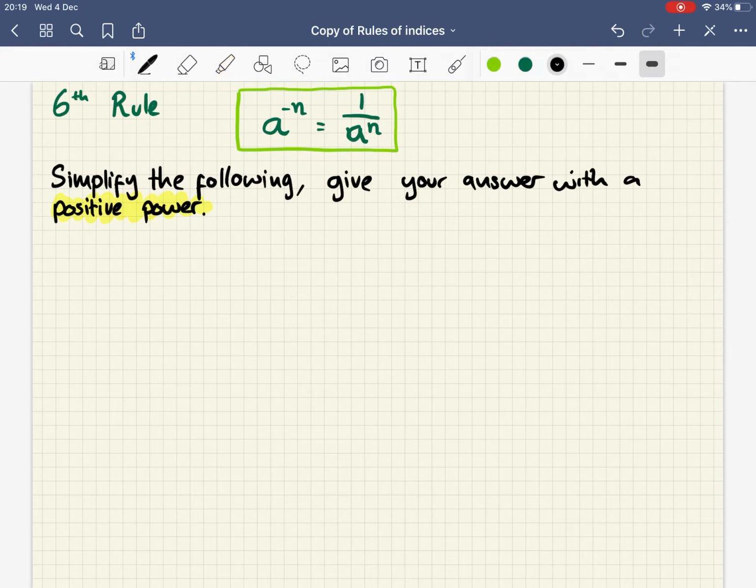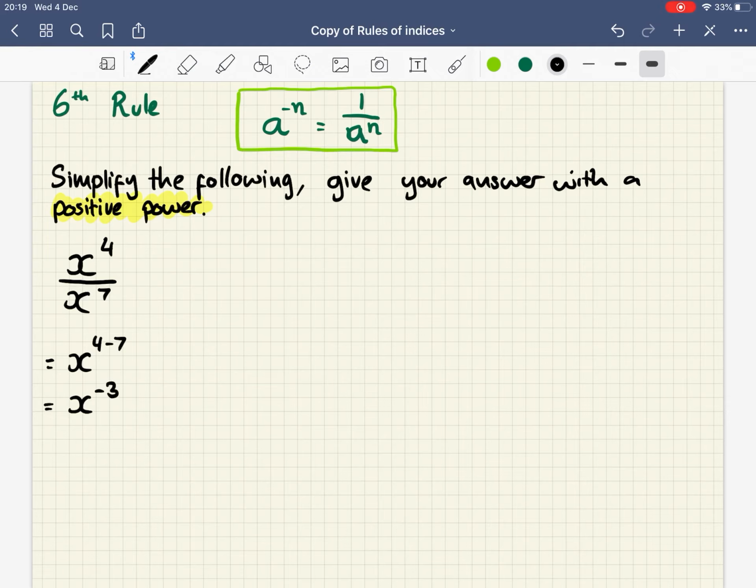So as an example of that, and yeah, this one I'm actually going to include one of my previous rules. So if I have x to the power of 4 over x to the power of 7, that's going to be x to the power of 4 take away 7. So that's going to be x to the power of minus 3.